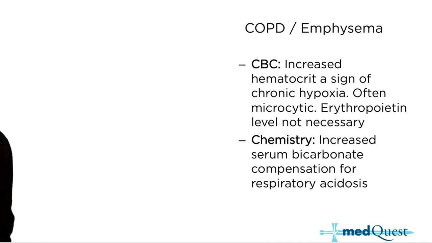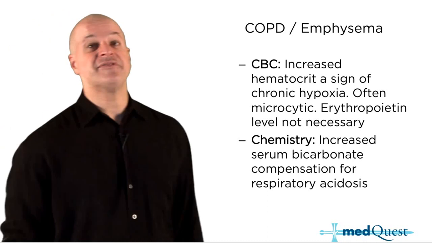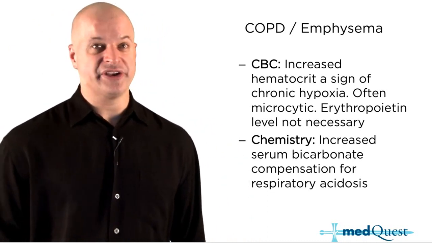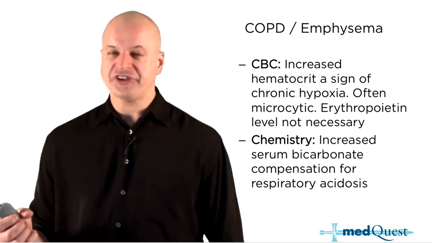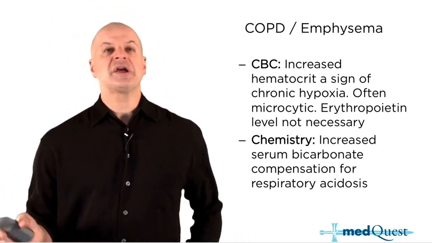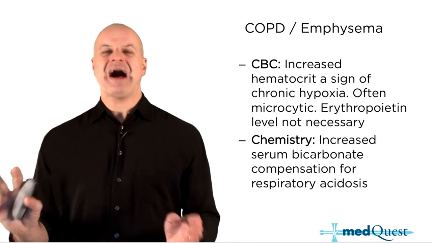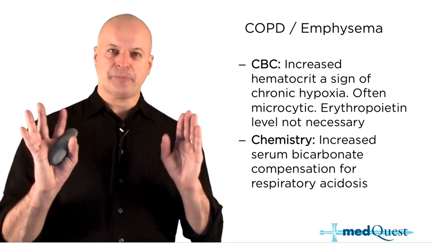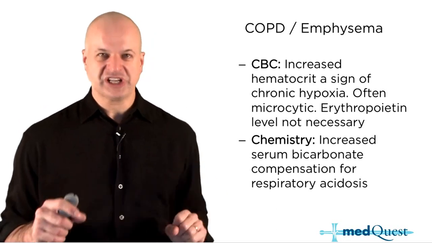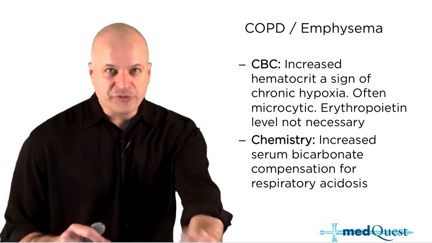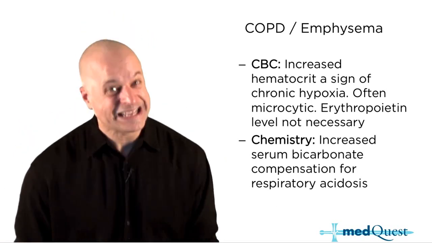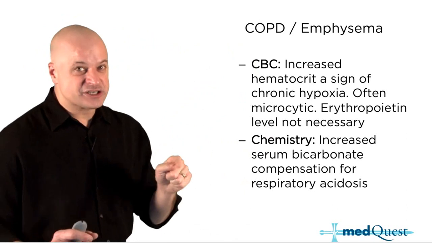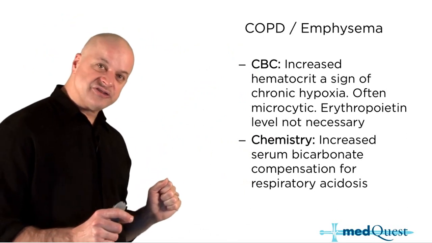So, in COPD exacerbation with emphysema, the CBC is increased as a sign of chronic hypoxia. And what happens is that the person is microcytic because chronic hypoxia is one of the reasons for polycythemia, increased cell count. Now there are only 3 things that cause an increase in cell count but a decrease in cell size.